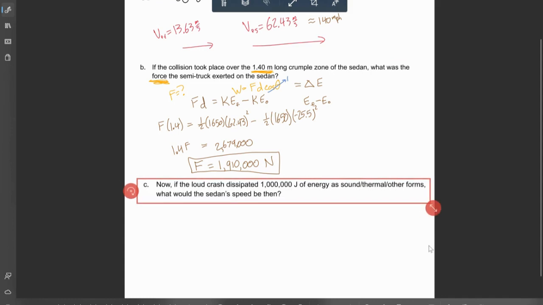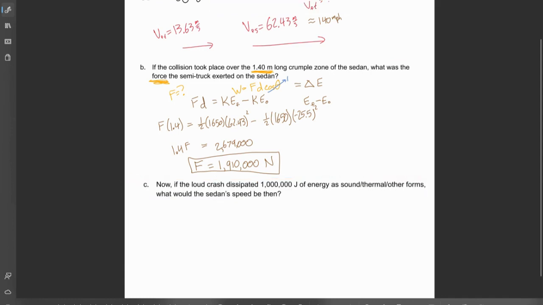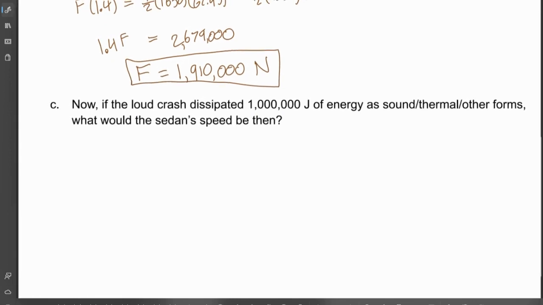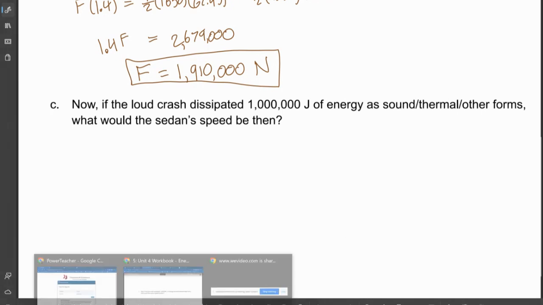There's a lot of different types of energy. So let's say our crash dissipated 1,000,000 joules of energy. What would the sedan's speed be then?